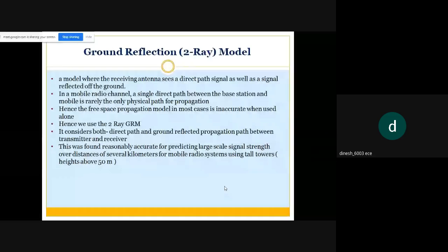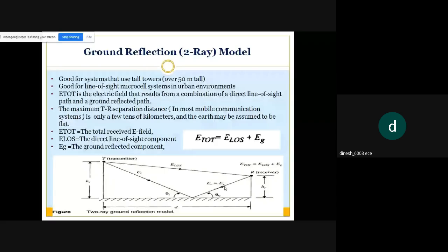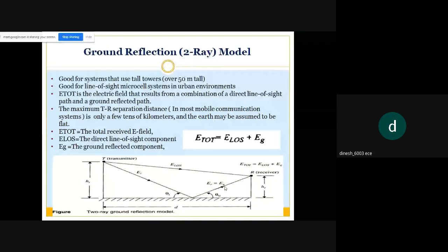This was found reasonably accurate for predicting large-scale signal strength over several kilometers for radio systems using tall towers. The tall tower will be placed at 50 meters. For that, this ground reflection model works in a better way. And the maximum distance D can be up to 10 kilometers.